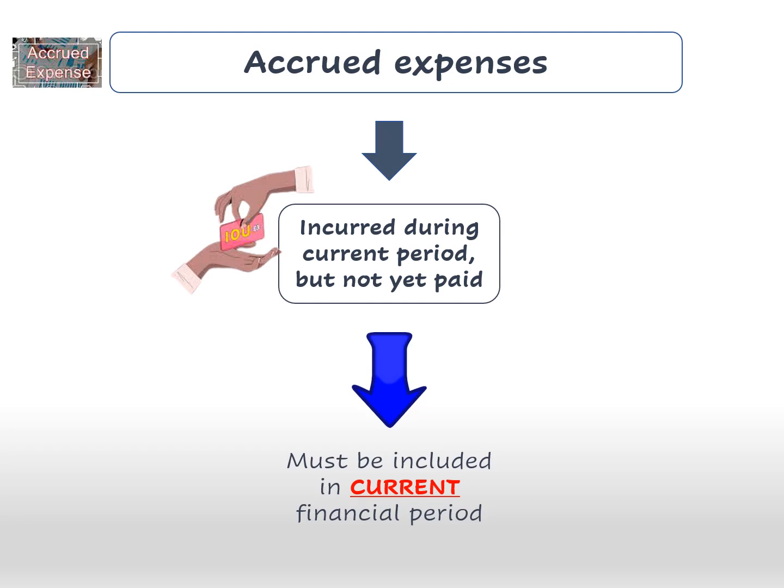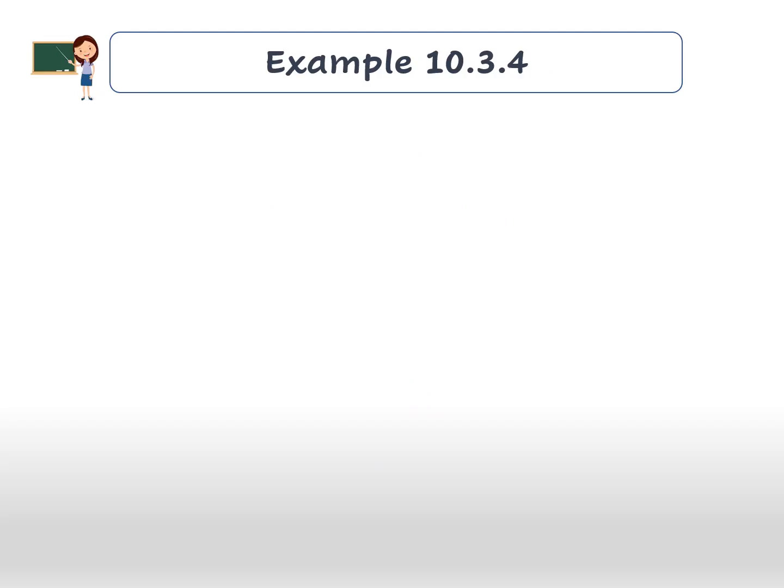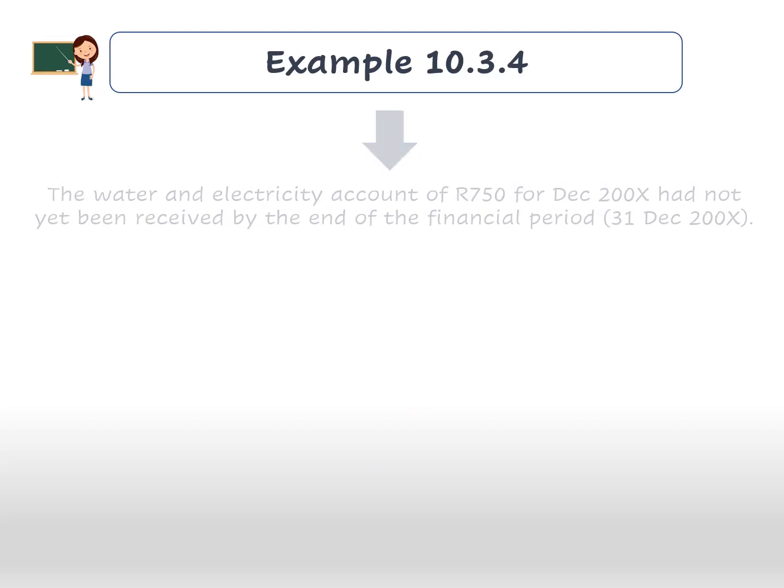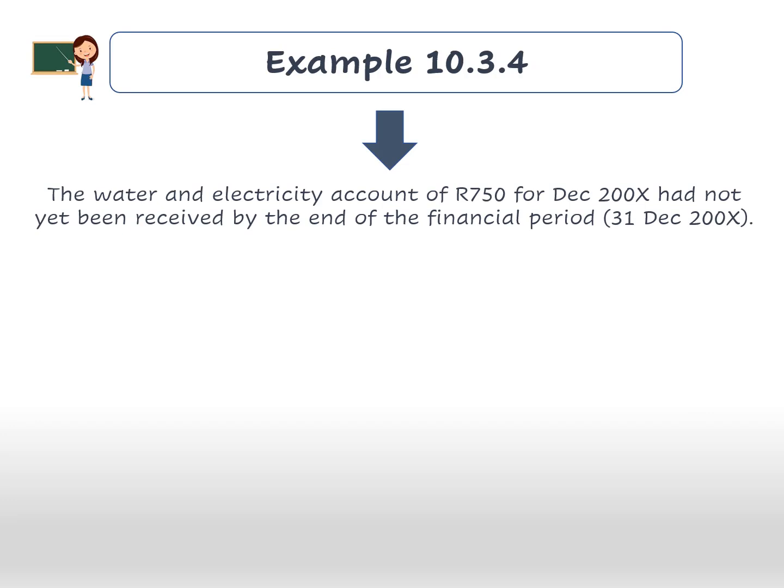Looking at the example for accrued expenses, the water and electricity account of 750 Rand for December 2000X had not yet been received by the end of the financial period, which ends at the end of December. So this means that because the business had not yet received that water and electricity account, they have not yet paid it.